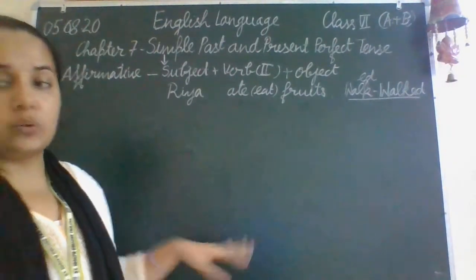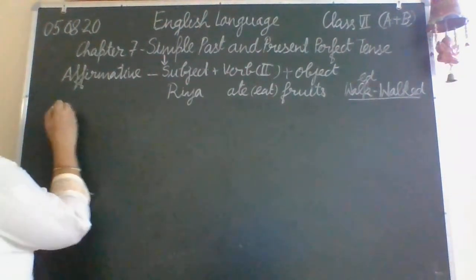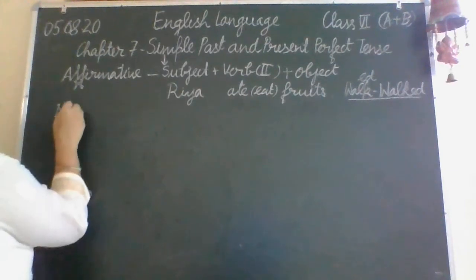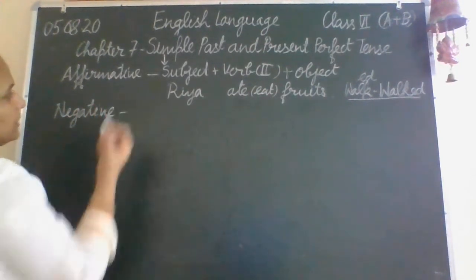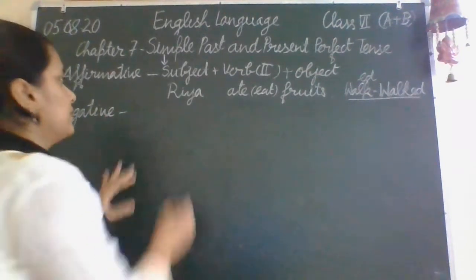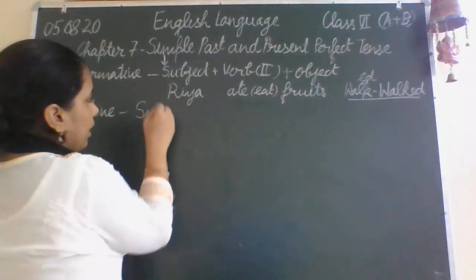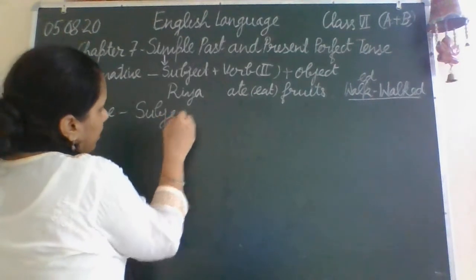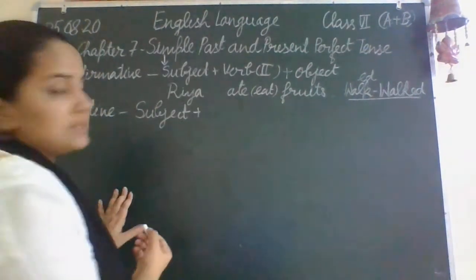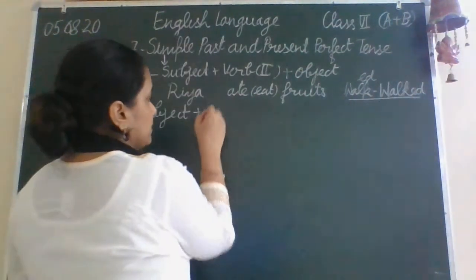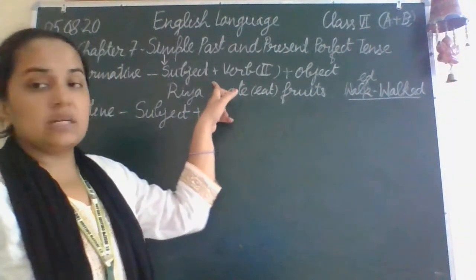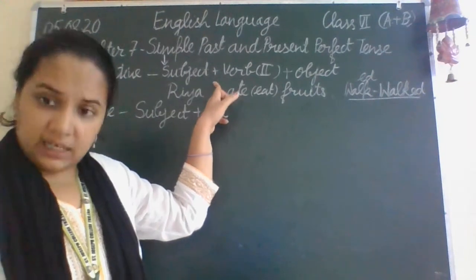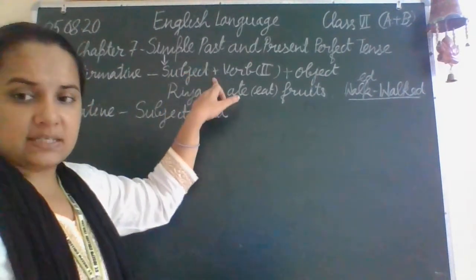Next, we will talk about the negative sentence of the simple past. How would be the structure of the negative sentence? We will start with the subject. Now here comes the helping verb did. In the affirmative sentence, we have not used any helping verb for the simple past tense.